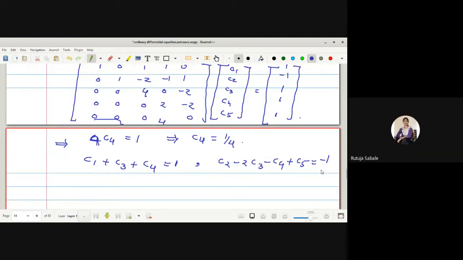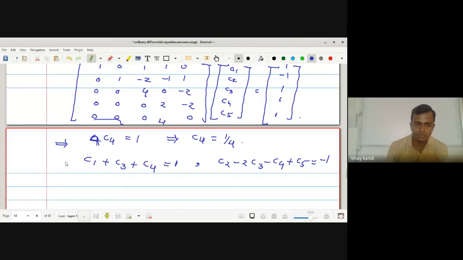No sir. अजून एक काय येणार इक्वेशन? 4C3 minus 2C5 is equal to 1. Any doubt? No sir. 2C4 minus 2C5 is equal to 1. And at last, C4 is equal to 1.